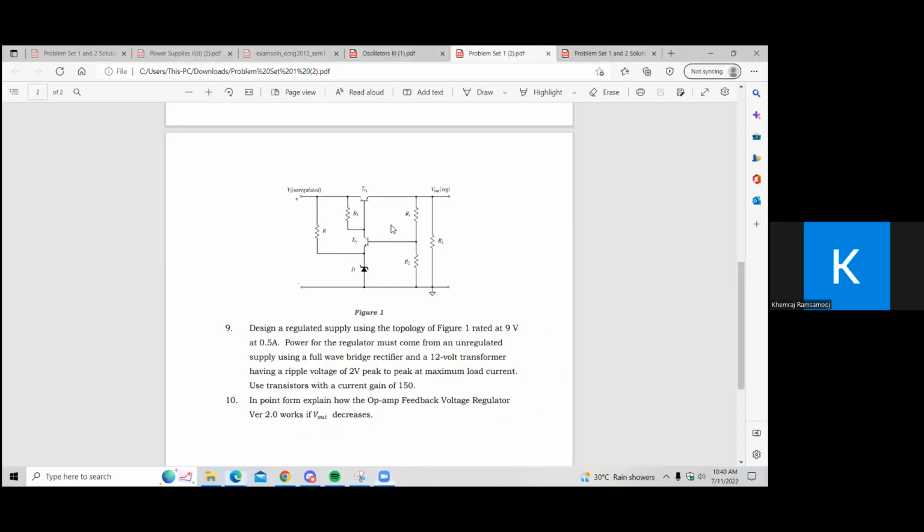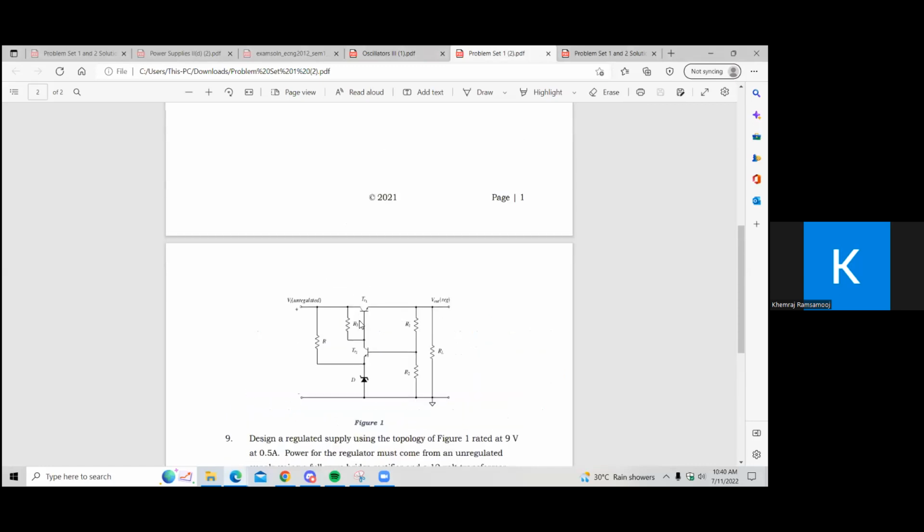It's problem set one. Okay, you want to pull it up? Pull it up for me so I can see. You see it in the problem set? Yeah.